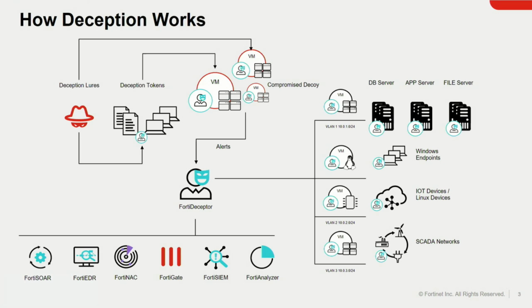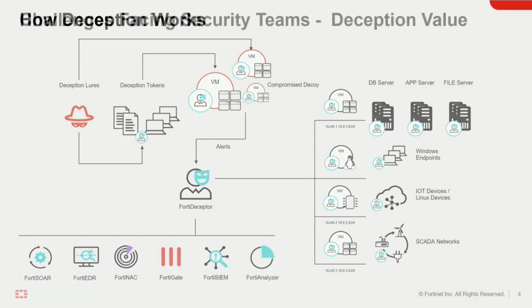We generate threat intelligence that we share with the infrastructure, SIEM, SOAR, threat hunting, and we also have connectors to your infrastructure, firewall, NAC, EDR, and we use them to isolate or quarantine the attacker automatically without any user intervention. So this is, at a high level, what we expect from a deception solution.